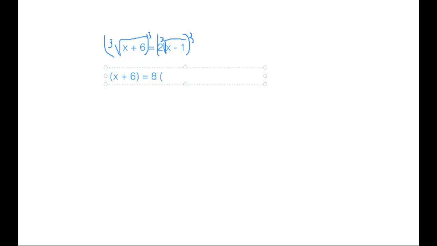And to x minus 1, because it will cancel the cubic root. So it will be x plus 6 is equal to 8x, because I'm going to distribute the 8 to x and to negative 1, minus 8.